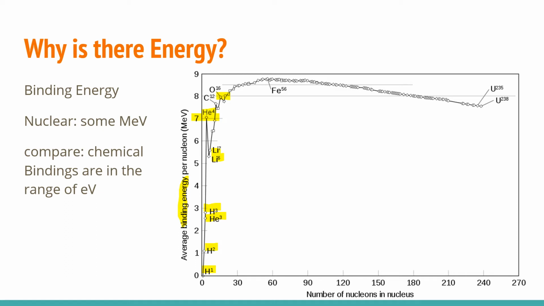Theoretically, it's not that simple. And then you can produce more and more elements, and there is a final element at the top here with the highest binding energy, and this is iron 56. So that's the way elements are usually generated in the sun and in all stars.